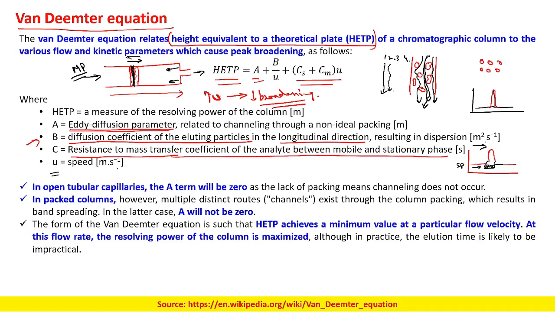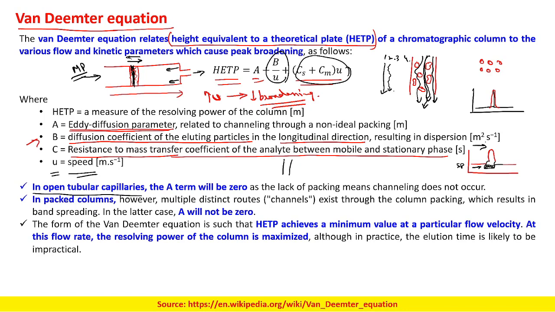Okay, and lastly, the speed of the system, if you see, it would be a combination of over here and over here. Okay, now in open tubular capillaries, when we say open tubular capillaries, open means there will be no stationary phase packing in the capillary system.